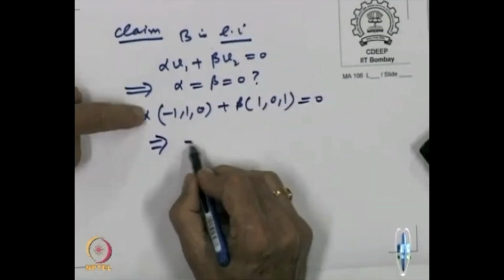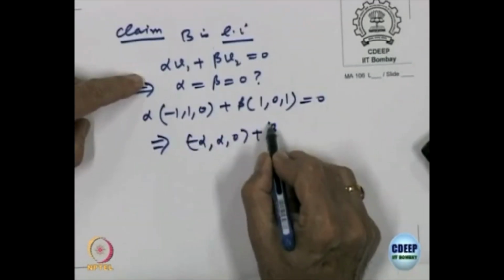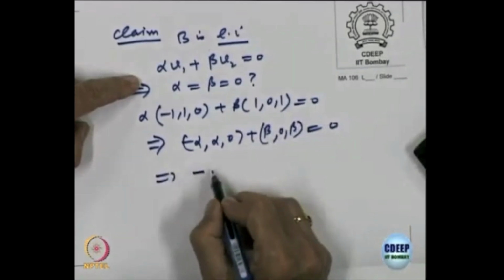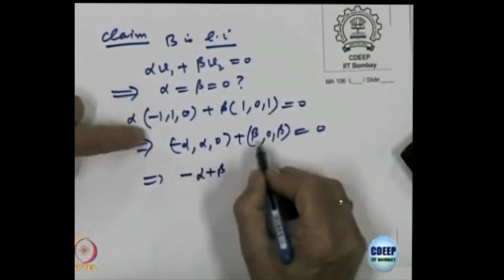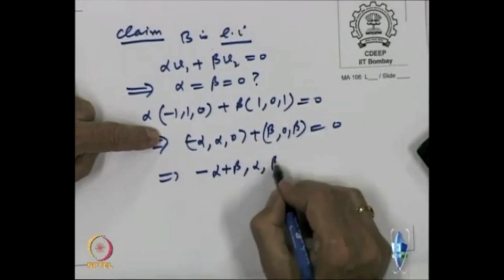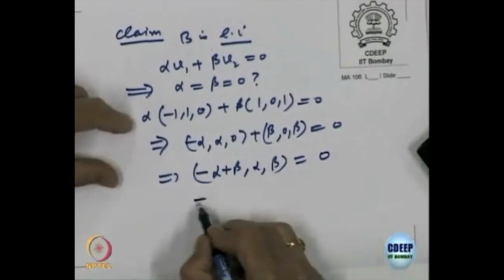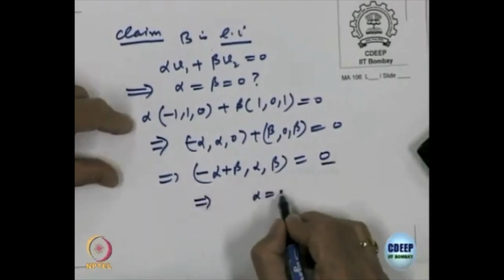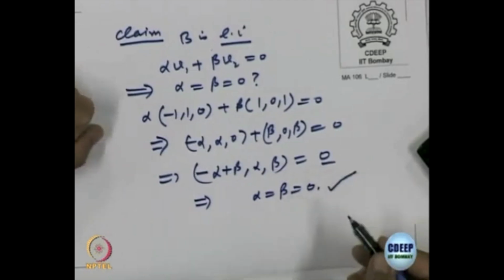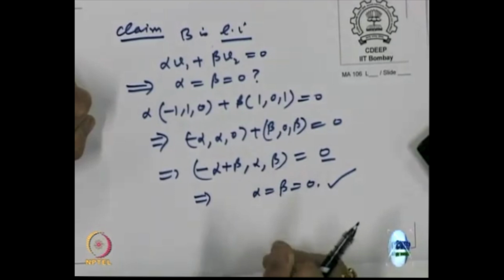That implies minus alpha plus beta, the second one is alpha and third is beta, equal to 0. So that clearly implies that alpha equal to beta equal to 0. So linear independence, okay.